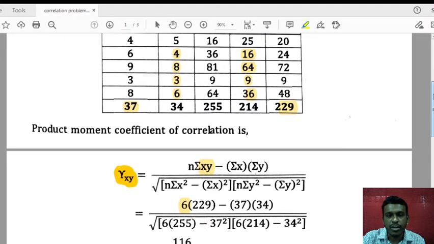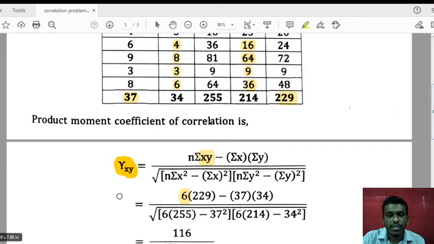Now let's move towards the denominator. Denominator is the square root of n into summation x square minus summation x the whole square. N is 6, we know this, so 6 comes here.